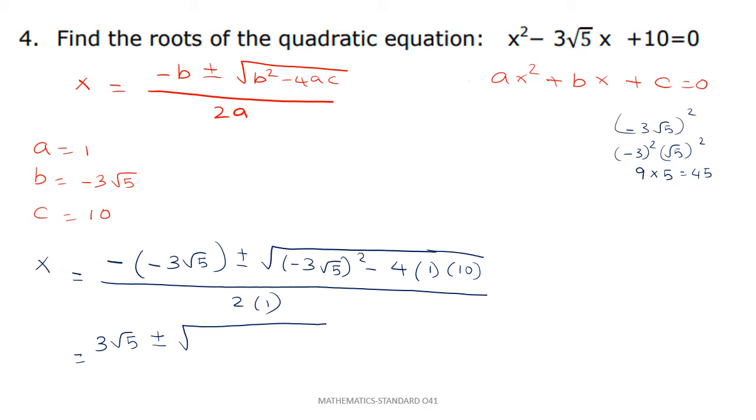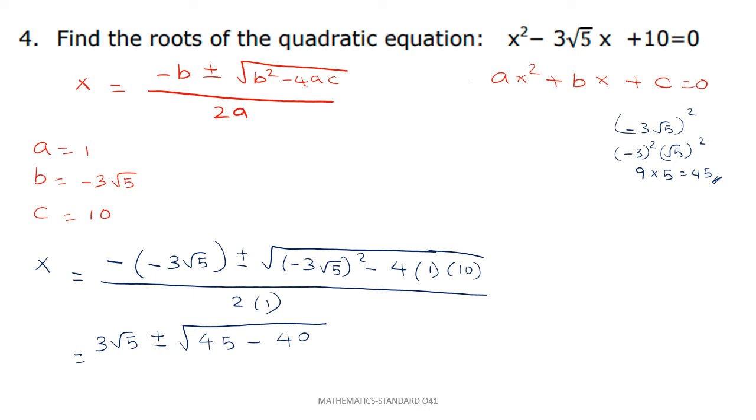In this step, whenever I am correcting the paper, I have seen at least 40% of the children make mistakes. So be very careful, children. Minus 3 square root 5 whole square. Minus 3 whole square will give you plus 9. Okay. So our first part answer is 45.